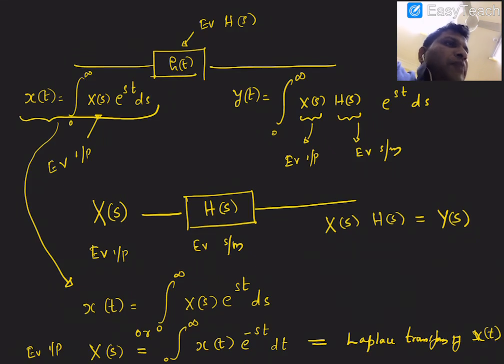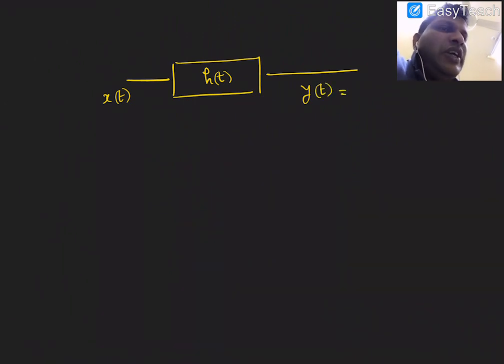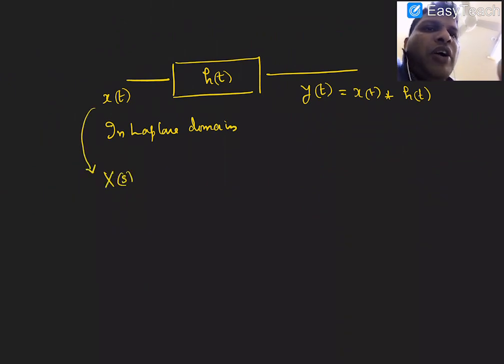So what we can see here is that we have h of t as the system, x of t as the input and y of t as the output, which is nothing but the convolution of x of t with h of t. But in the Laplace domain, we have x of s as the Laplace transform of x of t.